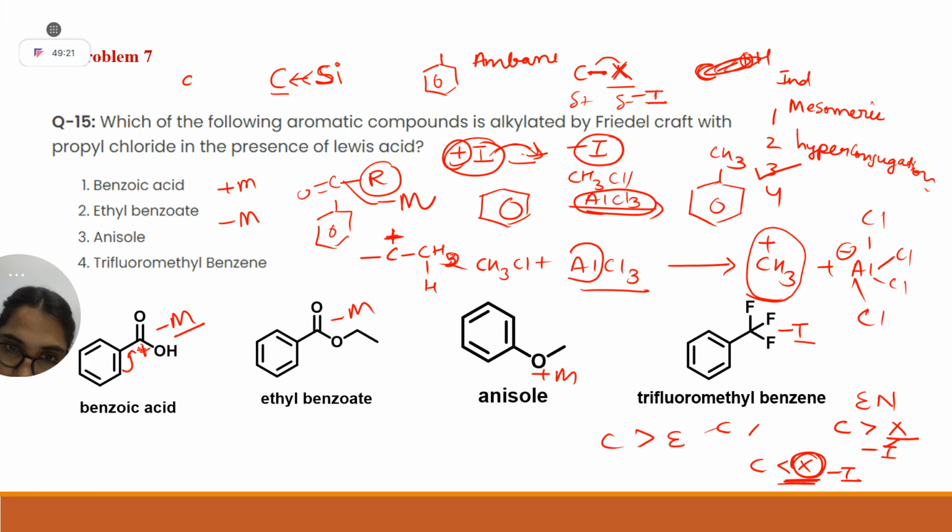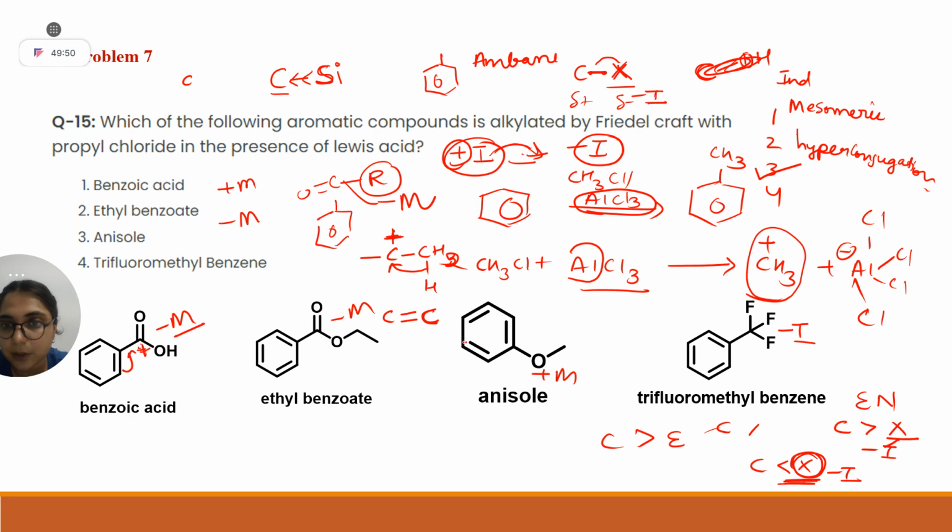These three CH bonds are there, right? Actually, hyperconjugation is an imaginary concept, and it basically explains how many CH sigma bonds can come to stabilize this carbocation.